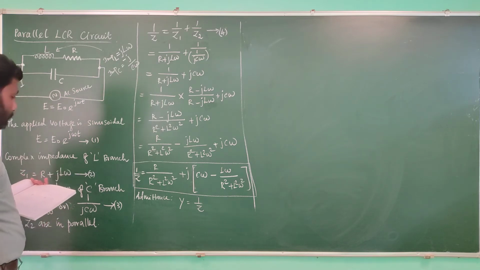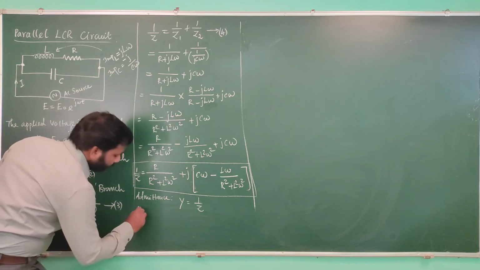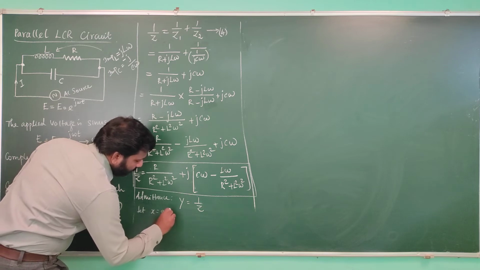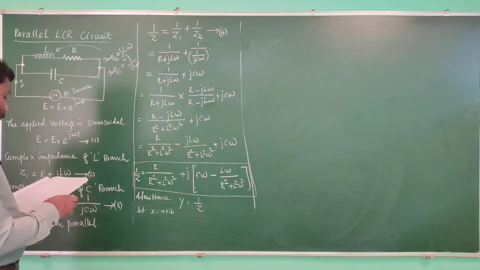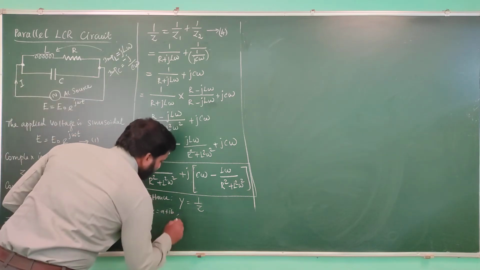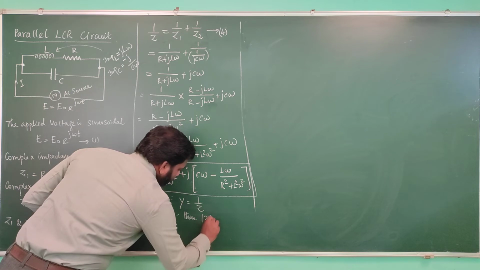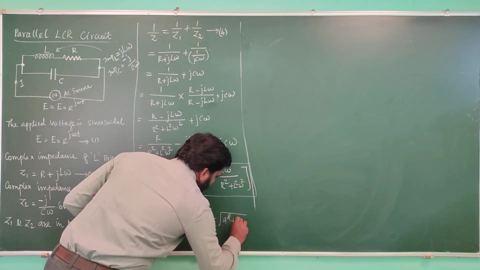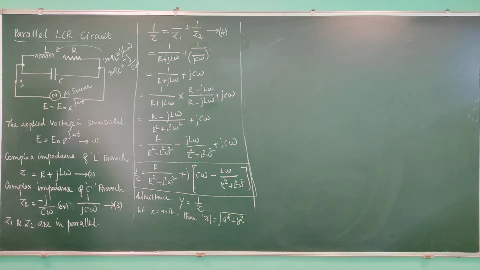Now, before proceeding, let x be equal to a plus ib. Then, if we write mod of x, what will you get? Square root of a square plus b square.